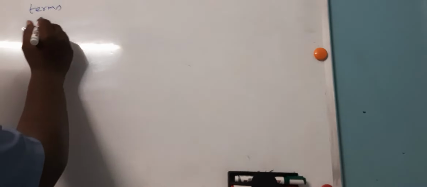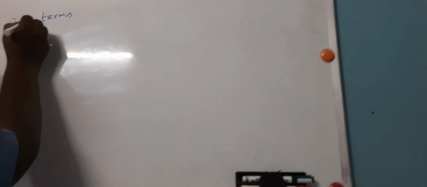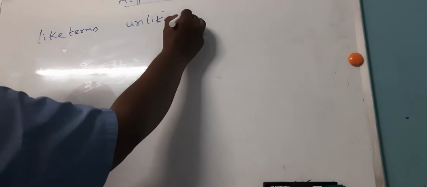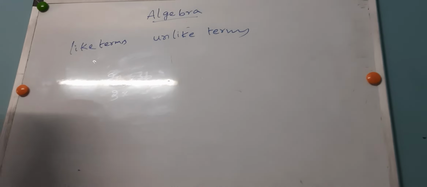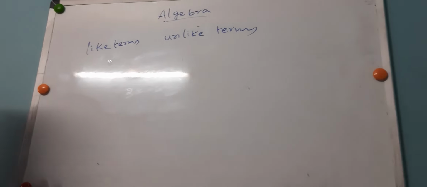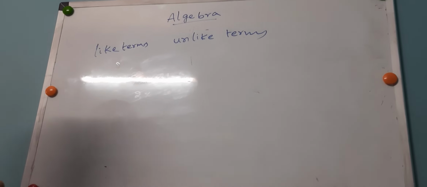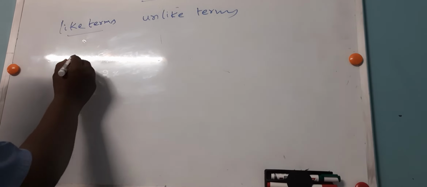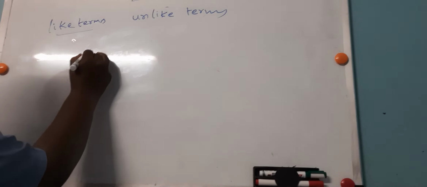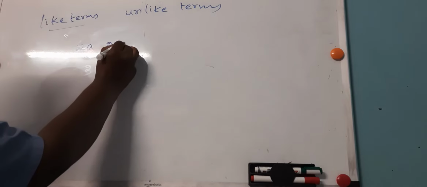Now, in algebra, we first classify like terms and unlike terms. Then only we can add or subtract terms. So, like terms: see one example, 2a, 2x.